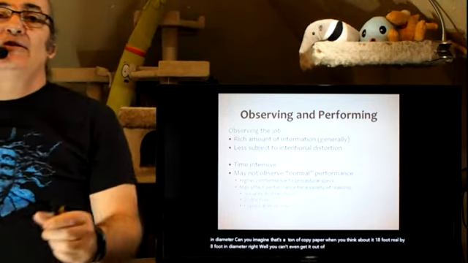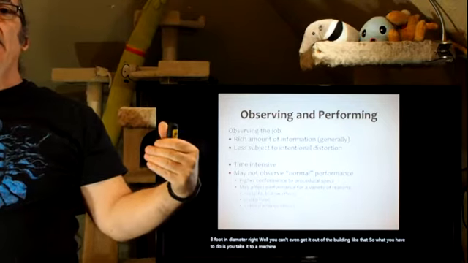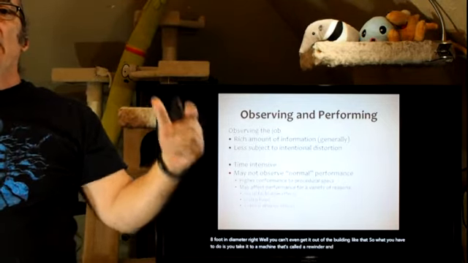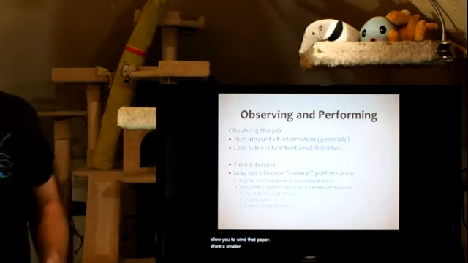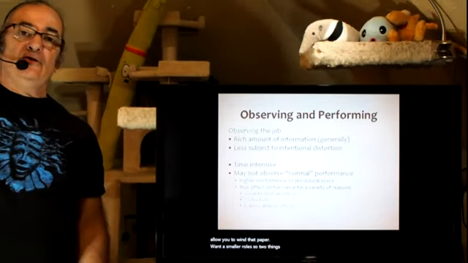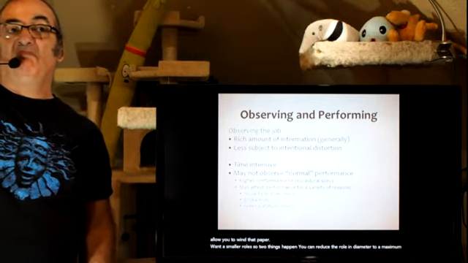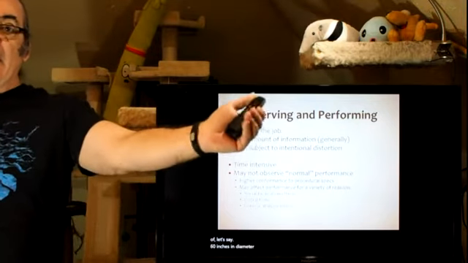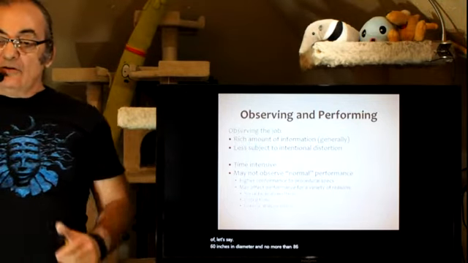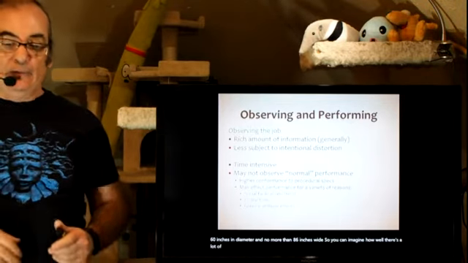So what you have to do is take it to a machine called a rewinder, and what the rewinder does is allow you to wind that paper onto smaller rolls. So two things happen. You're going to reduce the roll in diameter to a maximum of, let's say, 60 inches in diameter, and no more than 86 inches wide. So you can imagine, wow, there's a lot of rolls that can be cut out of a reel.